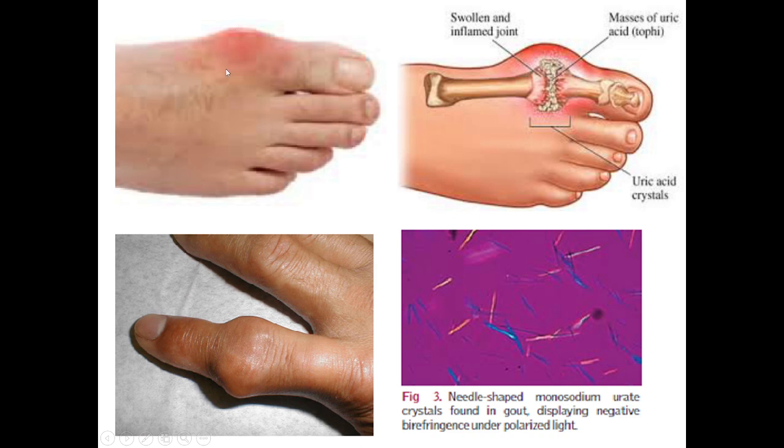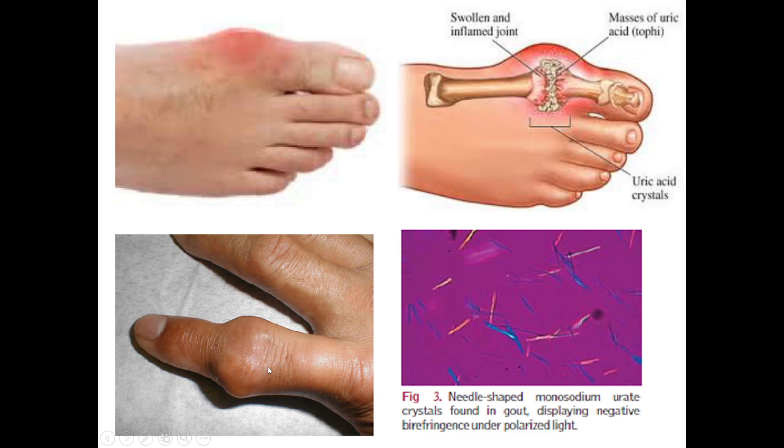And this is a picture of an inflamed first toe joint, which is classically associated with gout. As I told you, it is one of the very painful conditions. And this is acute, because you can see here it is red, it is swollen, so it has the signs of acute inflammation.